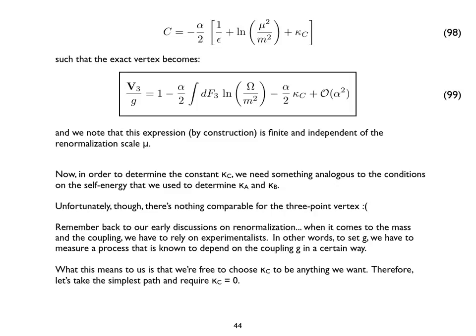And so what we said was, well, we'll have to rely on experimentalists and hope that they can do their job right, so they can tell us what the real mass of our particle is and what the real coupling is.